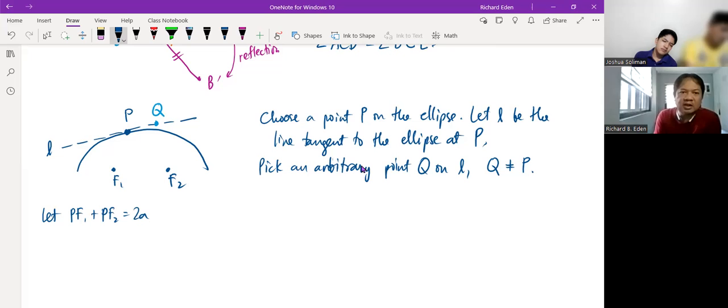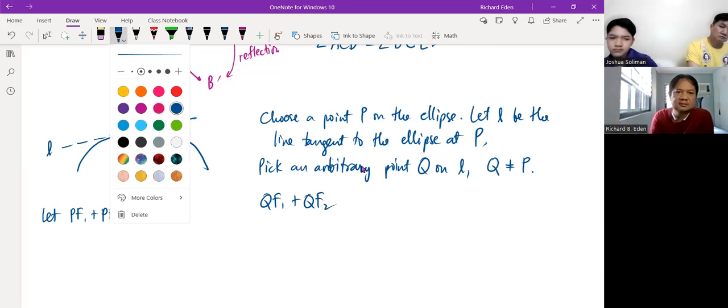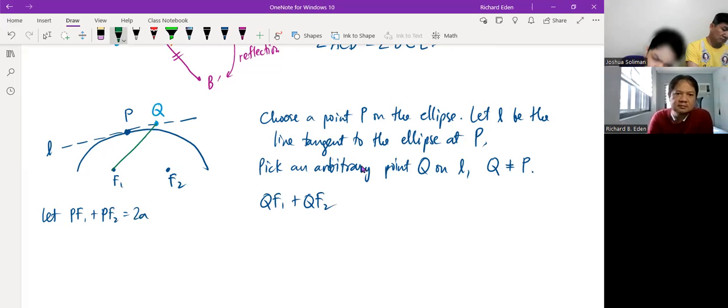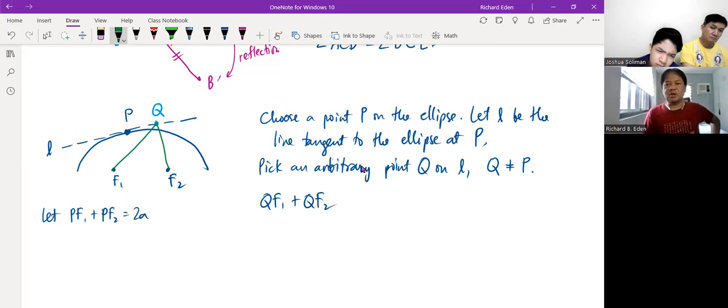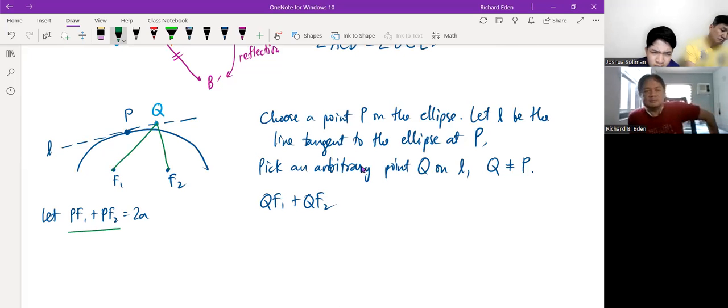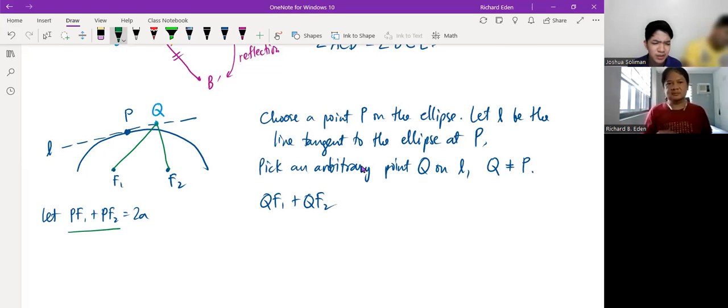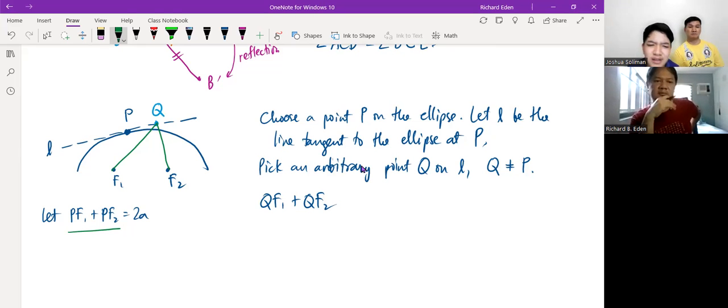Okay. Now, what I would like us to measure is QF1 plus QF2. How do you think that is going to compare to PF1 plus PF2? That must be greater, of course, since PF1 plus PF2 is constant for any possible P on the ellipse.